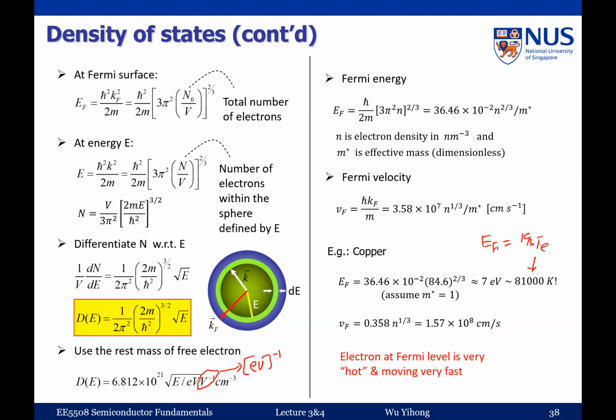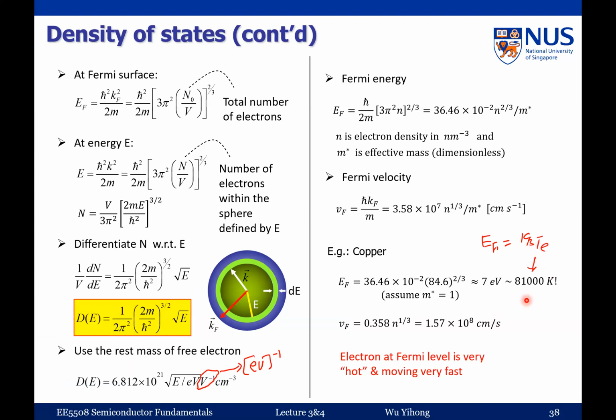This is what I mentioned in the second lecture when I talked about temperature. The normal temperature is basically the lattice temperature, and of course it cannot be as high as this. For example, at room temperature the lattice temperature is basically room temperature, right? You have a piece of copper, you can use your hand to touch it. However, if you use this equivalent concept to calculate the electron temperature, you can see that it's very high.